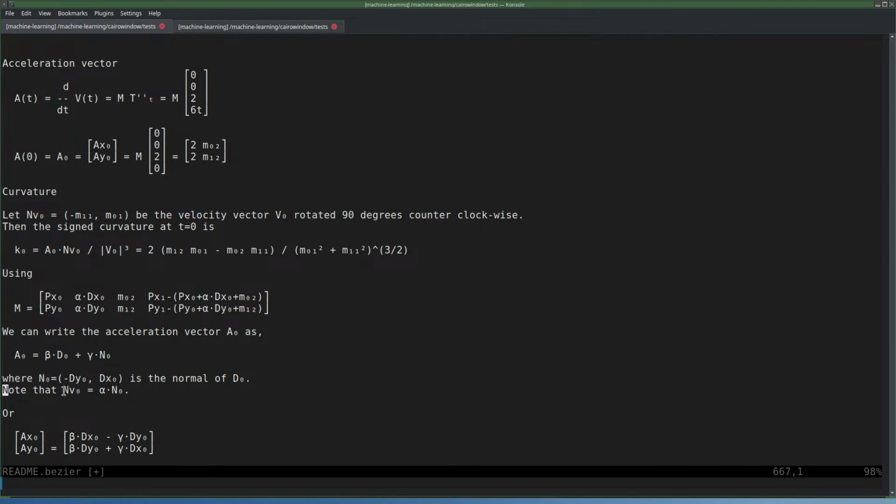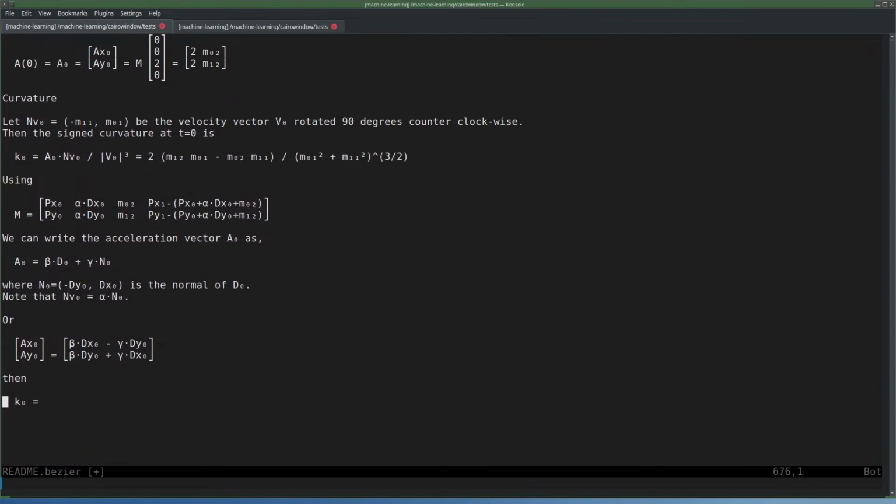So this is then the velocity rotated 90 degrees. So now I can fill that in this curvature formula.